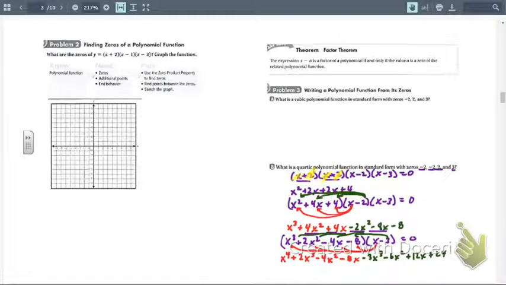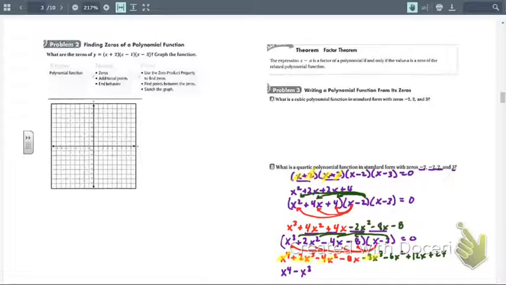Alright, so what are we left with? Our final polynomial is going to be x to the 4th. Okay, so that's gone. We have a 2x cubed and a negative 3x cubed, so that's going to give us a negative x cubed.